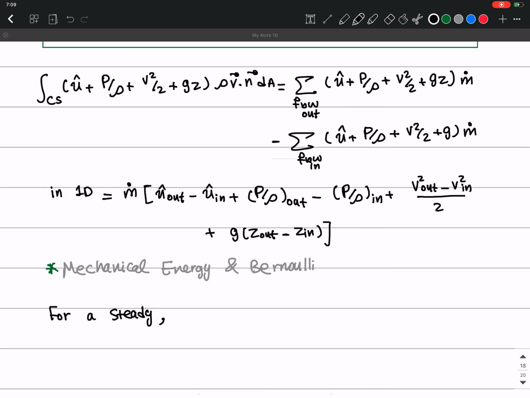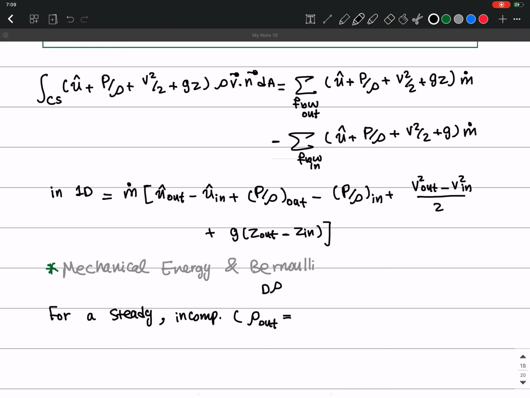So for a steady, incompressible flow, incompressible means that the density is not changing, so we have rho out equals rho in equals rho. Again, this is a simpler definition.